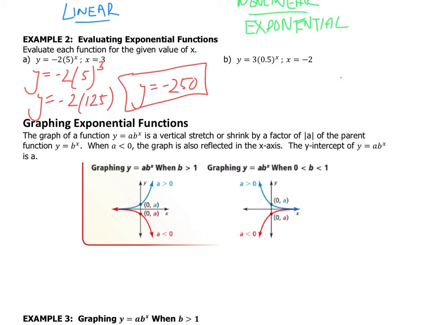On the next one, now we are raising this power to the negative 2. So here's what I'm going to do. I'm actually going to change the 0.5 into 1/2 because I hope that we remember a negative exponent is going to flip the base.